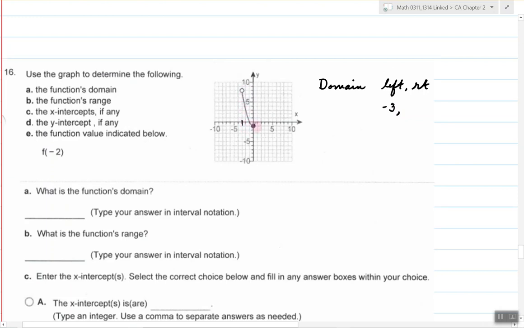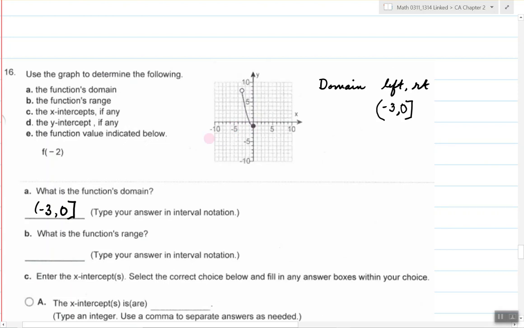The rightmost x value is 0. It does not contain this one because there's an open hole, so I'll put a parenthesis. It does contain this one, so I'll put a bracket. So my domain is from -3 to 0. That's x's left to right. It doesn't contain the -3 because of the hole, but it does contain the 0. So remember to look at your x's.